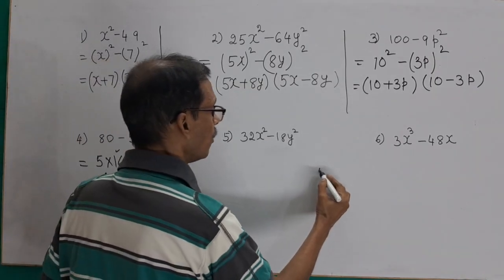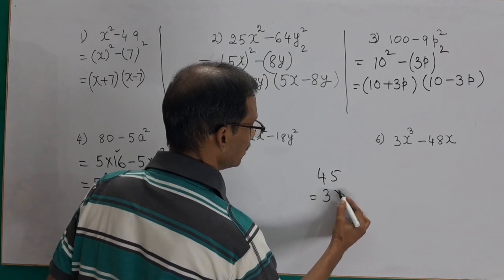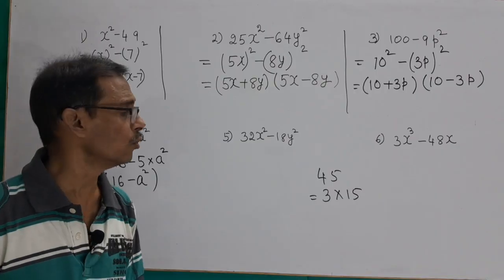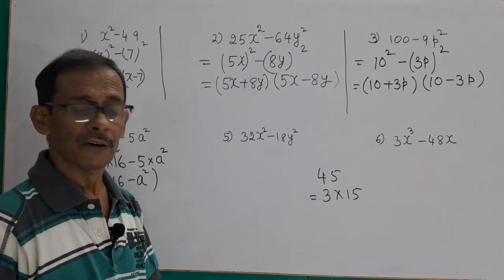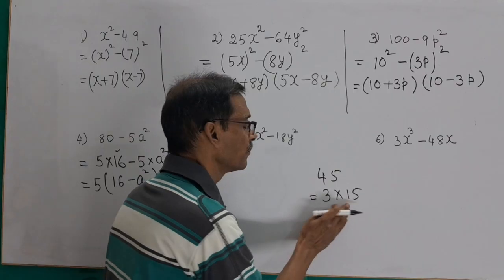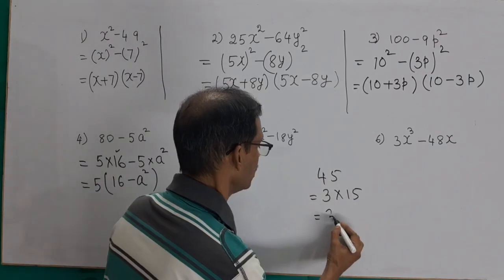Suppose 45 equal to 3 into 15. Is the factorization done? No, it is not done completely. Factorization is done, but it is only partially right, because you know 15 is not a prime number.